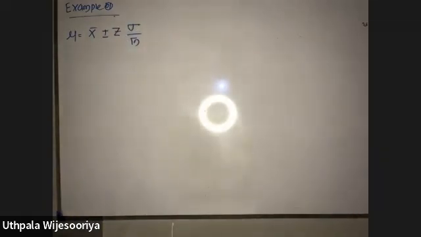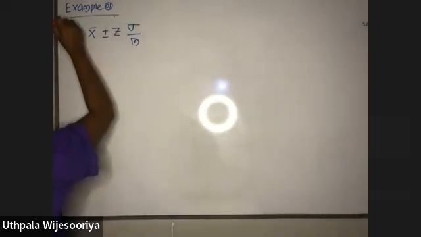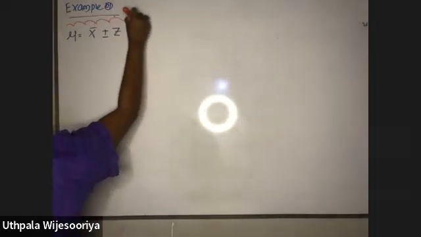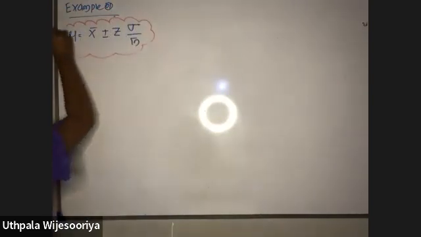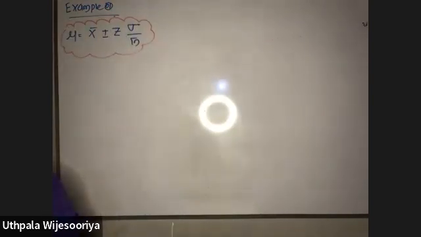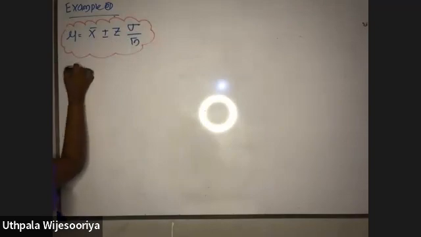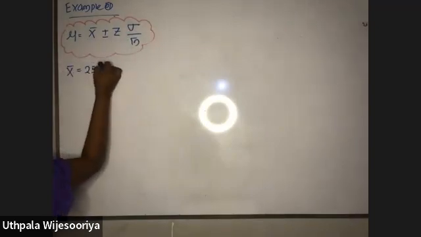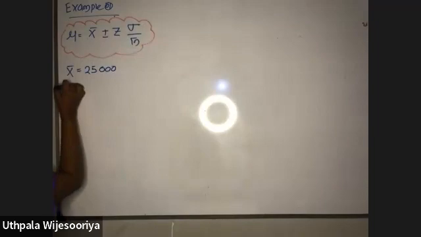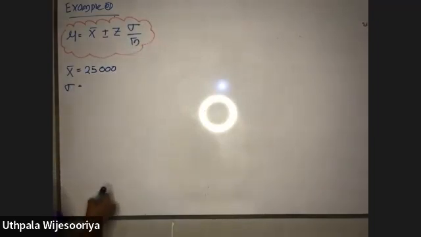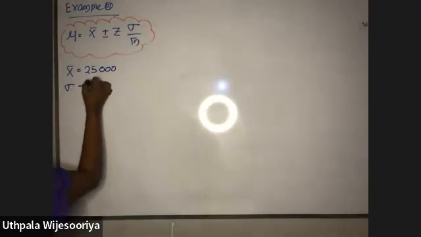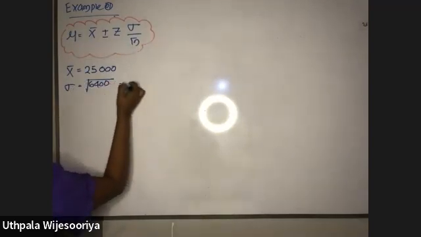This is under case 1. So what is your x bar? X bar is given as 25,000 rupees. Sigma is given as the square root of sigma squared, 6,400, which is 80.